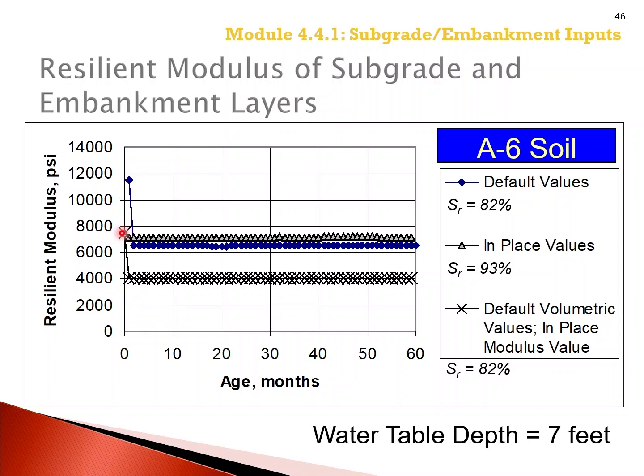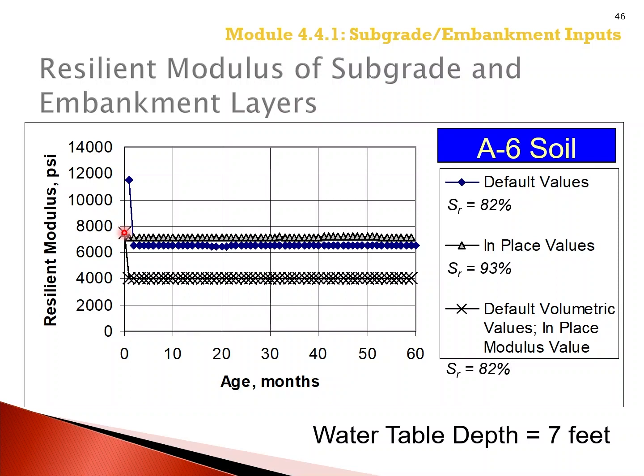That soak condition includes a resilient modulus through the regression equation of only 7,200 psi. And so this 7,300 in actuality represents the degree of saturation of about 93%.